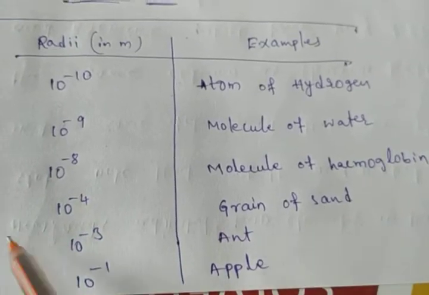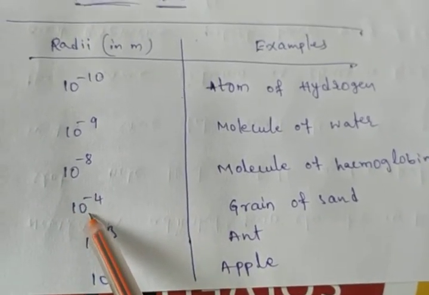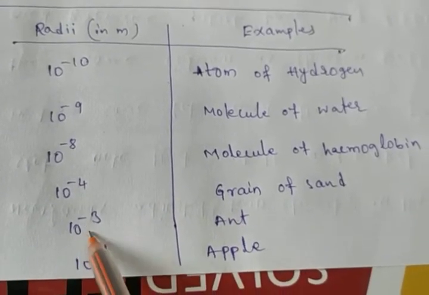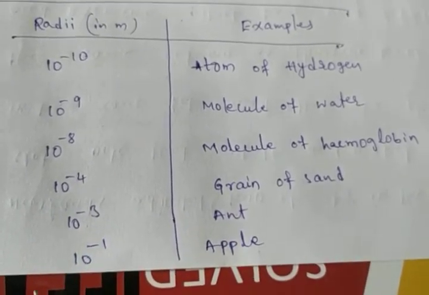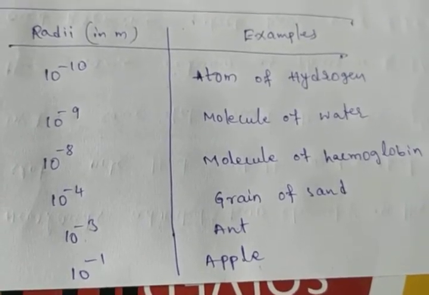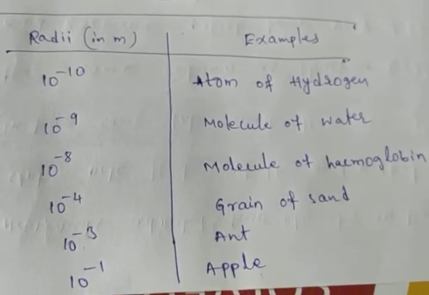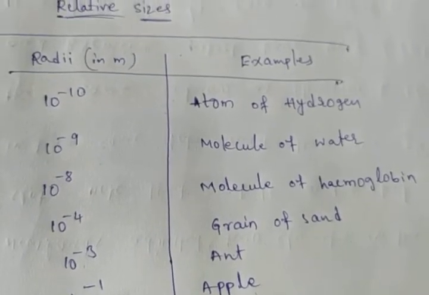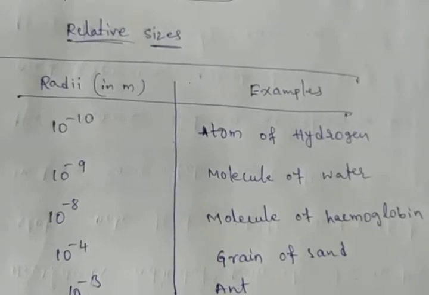A grain of sand is 10 to the power of minus 4. An ant is 10 to the power of minus 3. An apple is 10 to the power of minus 1. These are the atomic radii of some examples.